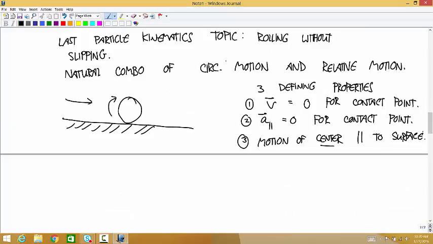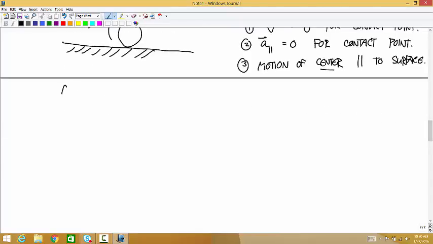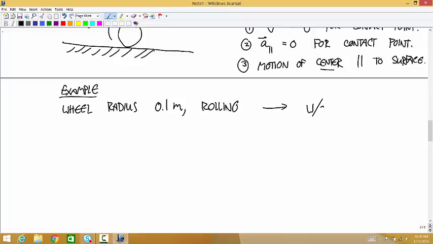Okay, so let me do an example. Let's say that there's a wheel with a radius of 0.1 meters, and it's rolling this direction without slipping.